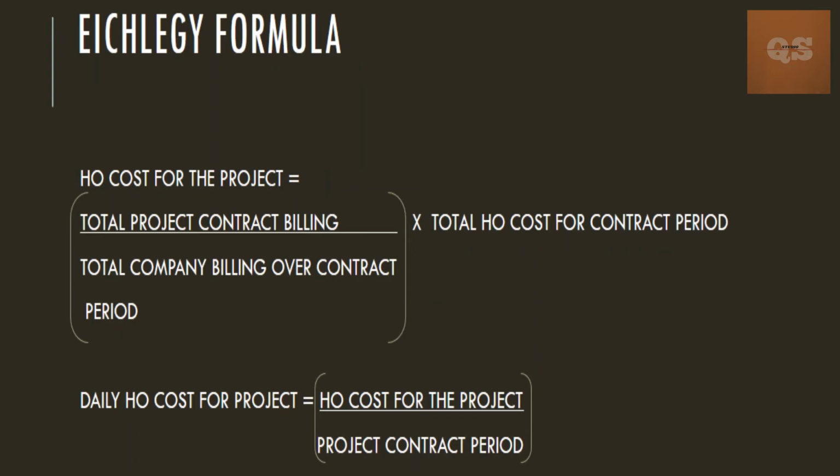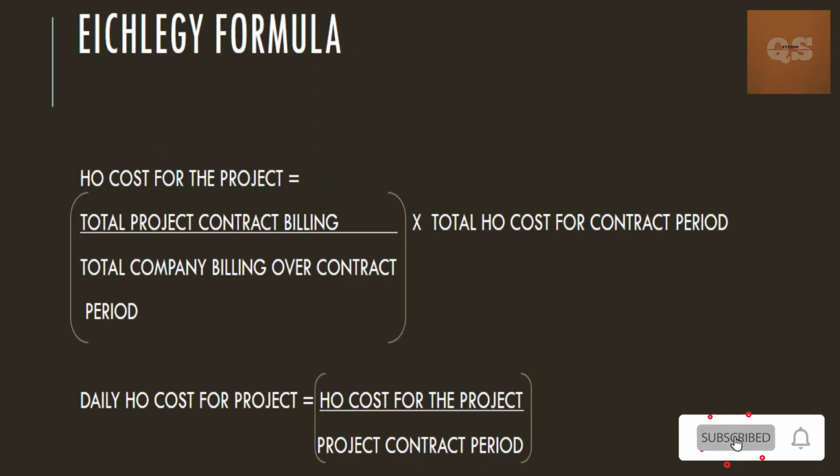So basically in this formula, first we need to find out the head office cost for that particular project. For that, the formula will be the total project contract billing divided by the total company billing over the contract period, into the total head office cost for the contract period. So you will be calculating your total project billing that you have done during your contract period, and also you will be calculating your total company billing.